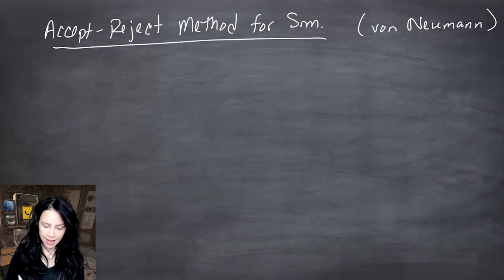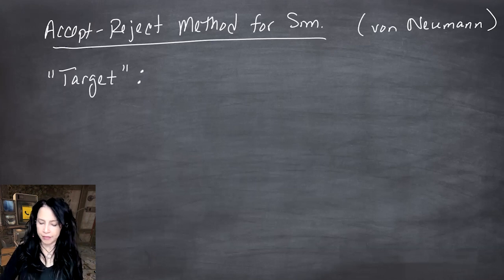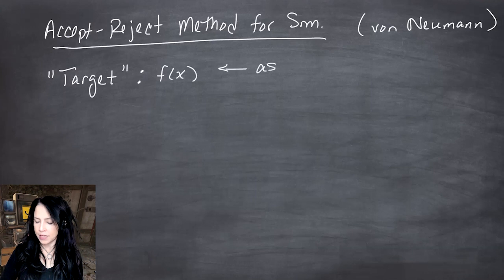So I have a target. When I say target, I mean the thing I want to simulate from. So this is some PDF like f of x, and I'm going to assume it's continuous, but I do not have to assume that for this algorithm.